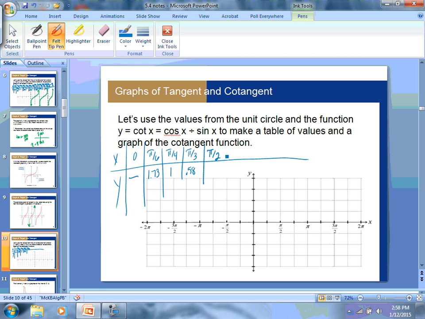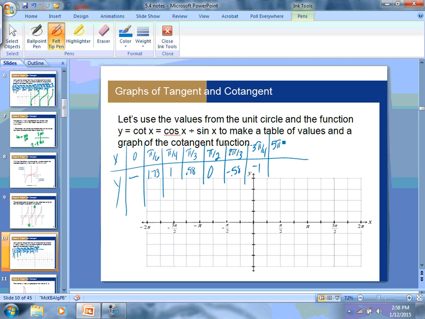So then at pi over 2, I would end up with 0 over 1, which is 0. At 2 pi over 3, I would end up with the negative square root 3 over 3. So that's negative 0.58. At 3 pi over 4, if I take that terminal point and do the cosine over sine, I'm going to end up with negative 1.